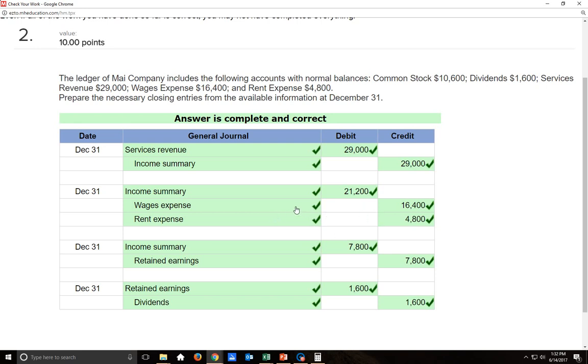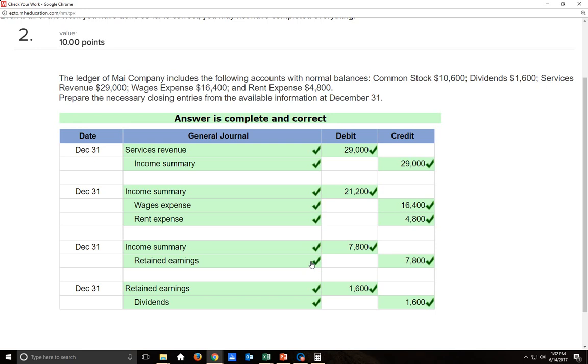Expenses, well, expenses have a normal debit balance. Remember the acronym ADE, assets, dividends, and expenses all have normal debit balances, ADE. So since these expenses have a normal debit balance, to get those balances to zero out, we have to credit them. And then we do the plugged income summary.